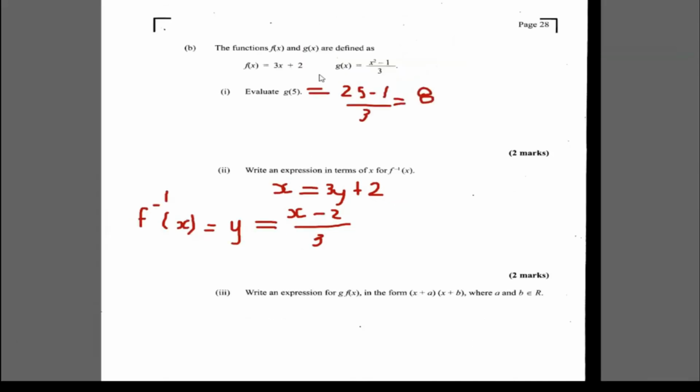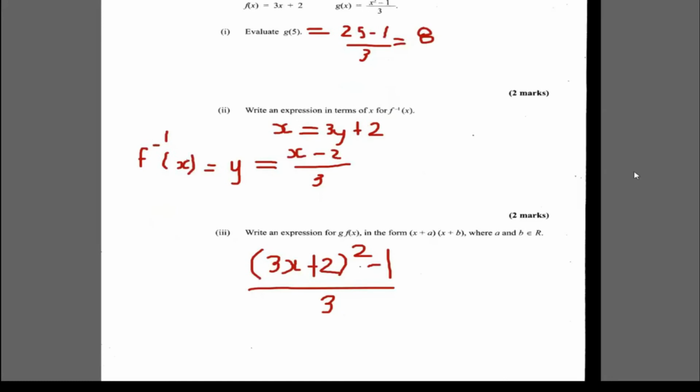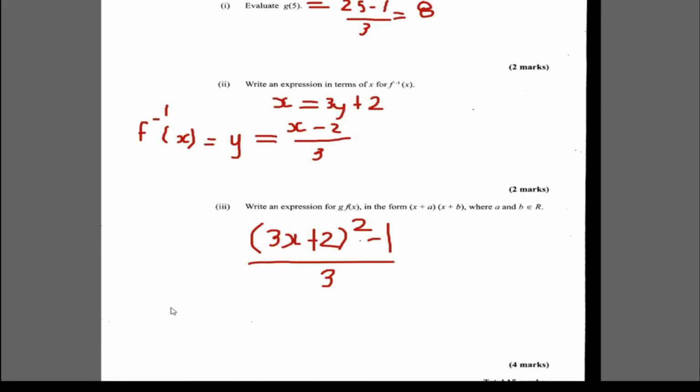So we put f of x, which is 3x plus 2, into g, to have 3x plus 2 all squared minus 1, all over 3.